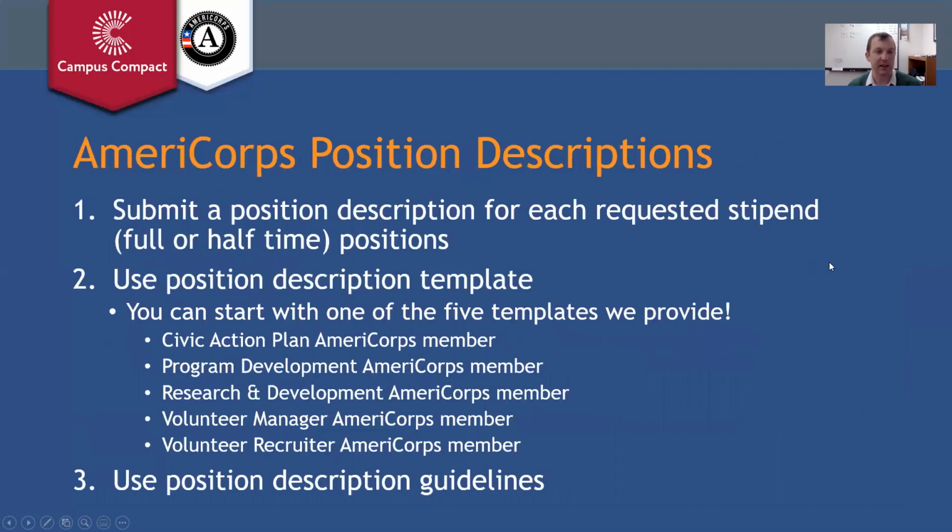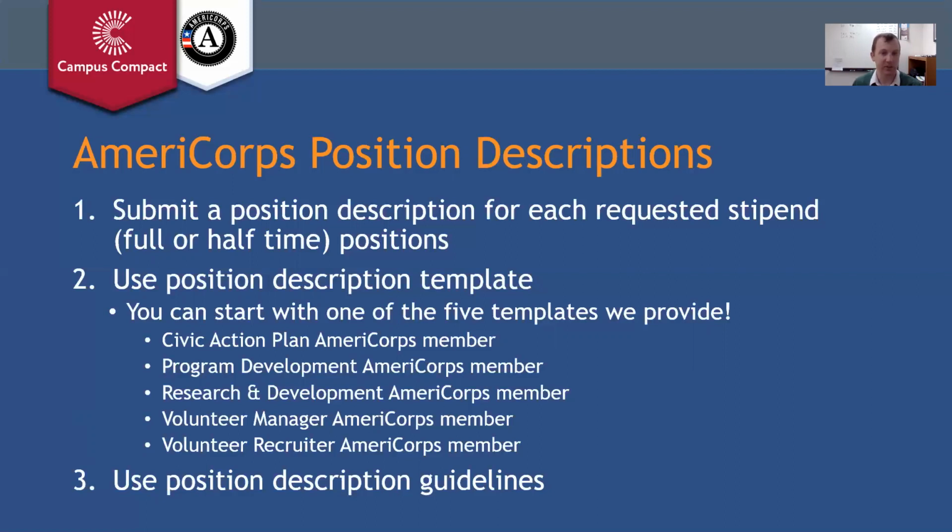We do ask that all AmeriCorps positions have a position description that goes along with them. In your application, we want you to submit a full position description for your full or half-time position. We have some templates that you can start with, and guidelines written in there. However, you're more than welcome to send us a draft position description so that we can review it, either at the time of the application or even before that.